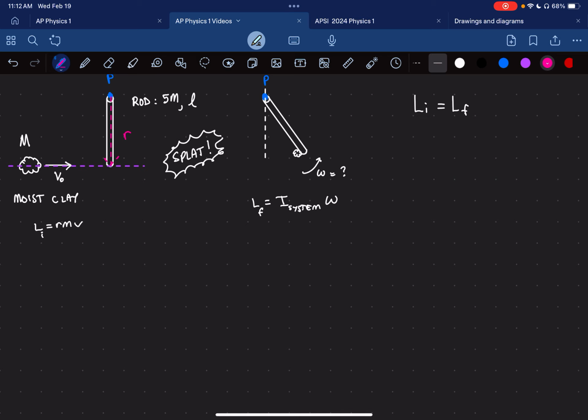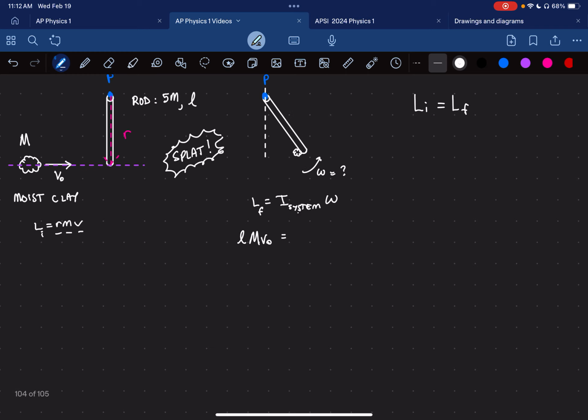We defined R as the distance from the axis of rotation to this line of action. So what is that distance in terms of L? Well, the answer is L. It's the length of the rod. So that's L times the mass of the clay times the speed of the clay, that's V naught.